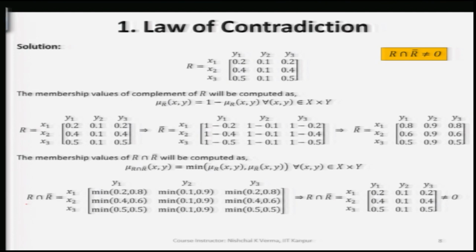If we compute R intersection R bar and the basic min criteria is followed, we are going to get a result like this. We get as a result of R intersection R bar some fuzzy relation matrix which is not equal to 0. This way we can say that the law of contradiction is verified.